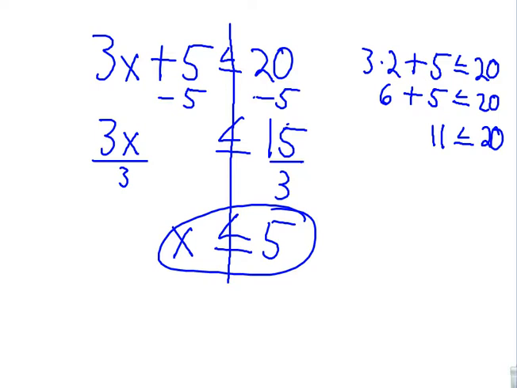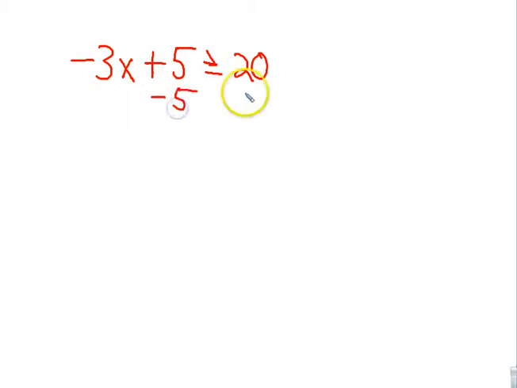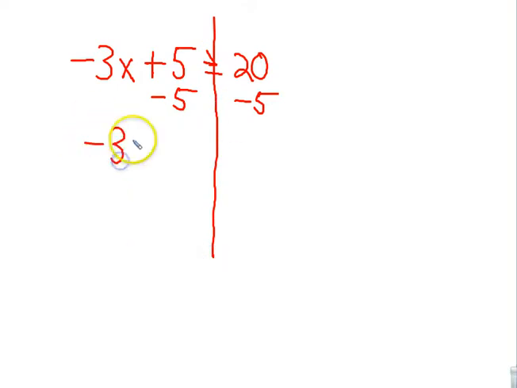What would happen if I had this? Let's look at it. Okay, it's the same question except now it's a -3x. So I'm going to subtract 5. Oh yeah, and I changed the inequality. Okay, so I draw my line through the inequality. -3x.